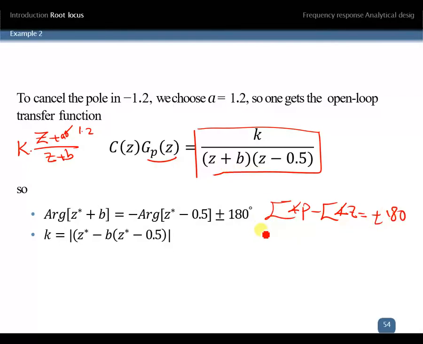Here we have theta B, for example, and here I put theta A plus theta B. Here I don't have any zero, so it becomes 0 equal to plus or minus 180 degrees.